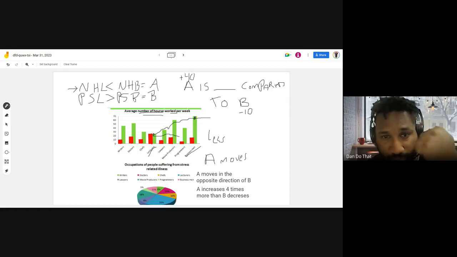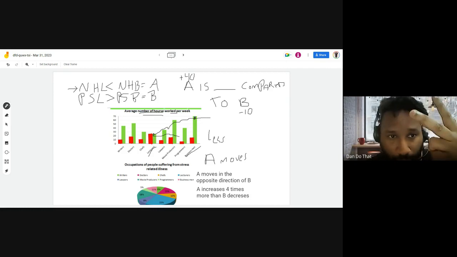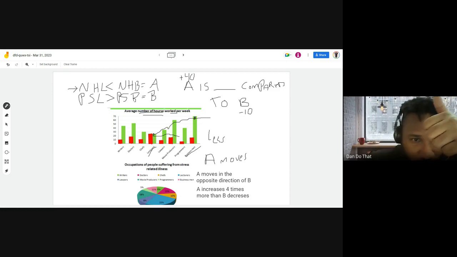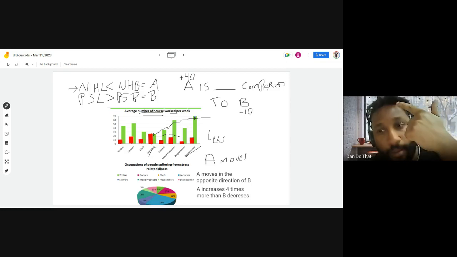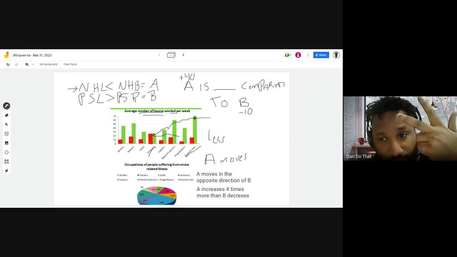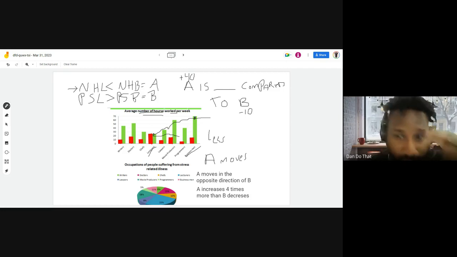The title plus the jobs plus the measurement, which is number. B is the title, stress-related illness, plus the category, that's lecturers and businessmen, plus the measurement, which is percentages. Put those all together.